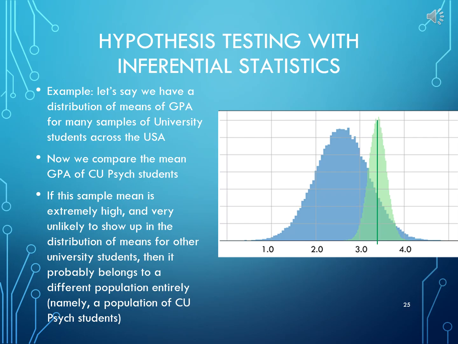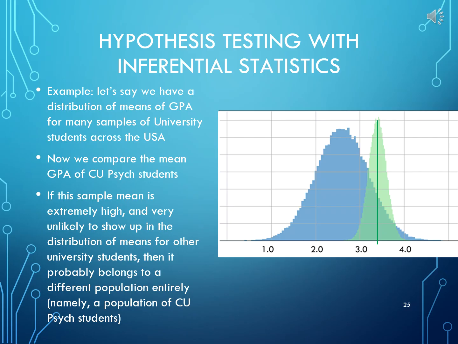So what you see here in the green is our sample, just one single sample of CU psychology students' GPAs. Each of those bars would be a frequency of how many students got the corresponding GPA. Then we're going to compute an average, which is going to be right in the middle, as you can see, because the green distribution is symmetrical.